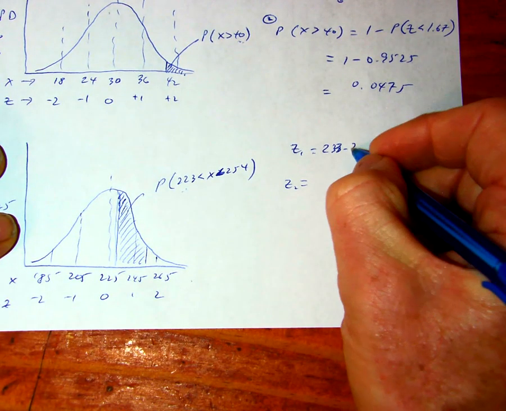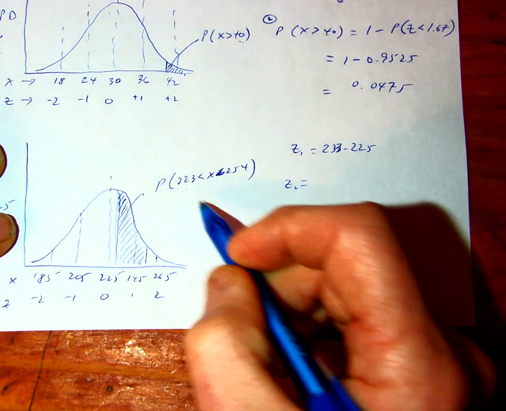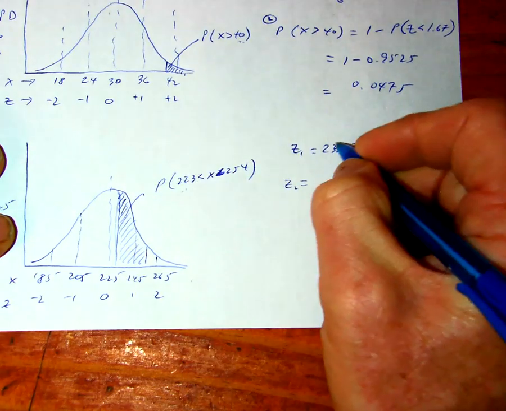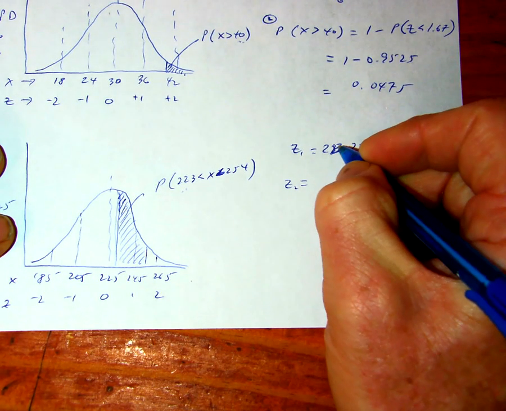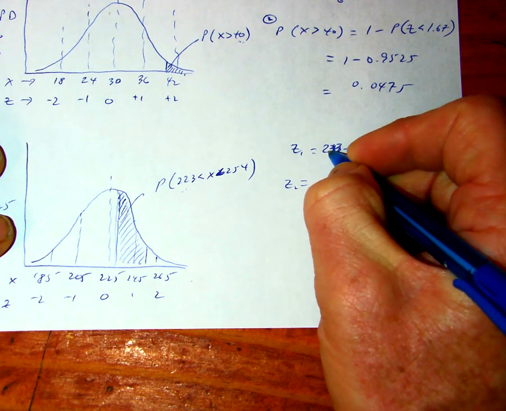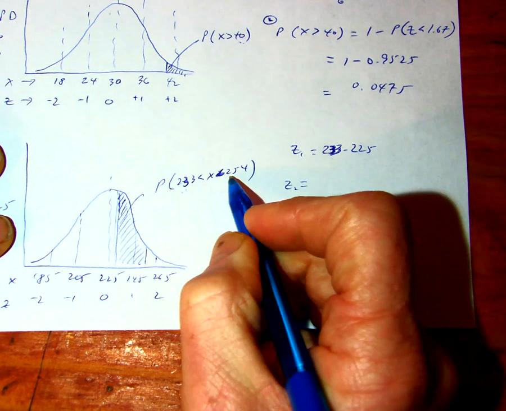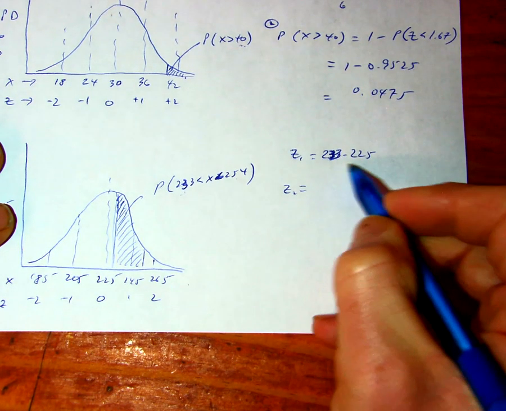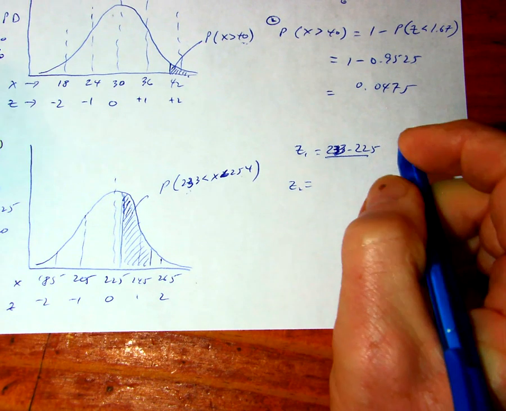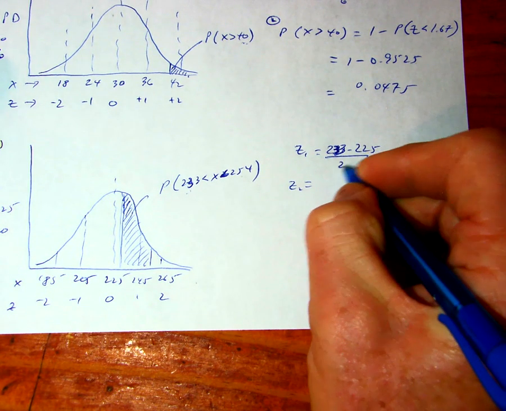Sorry, it's 233, not 223. Yeah, I wrote it down wrong. 233 minus 225 over the standard deviation, which is 20.